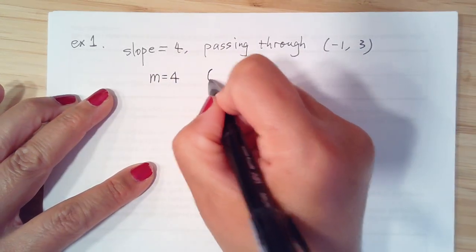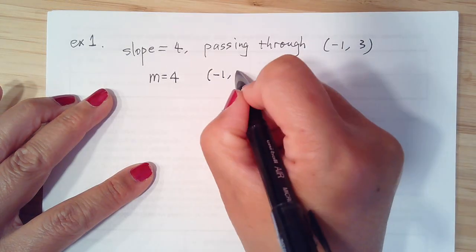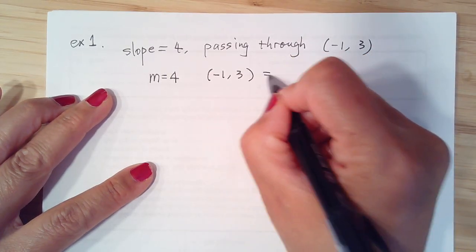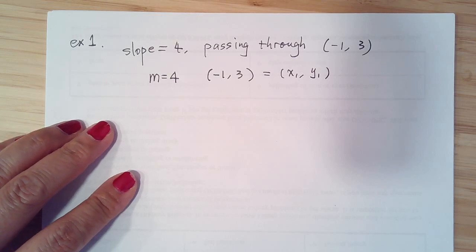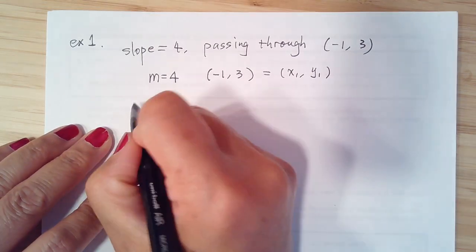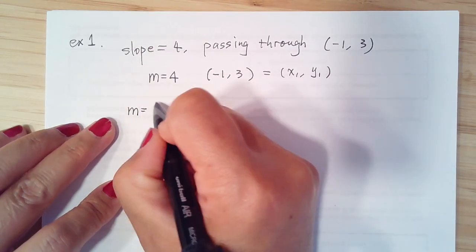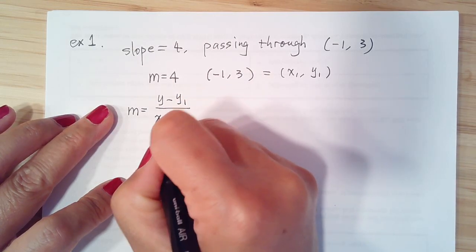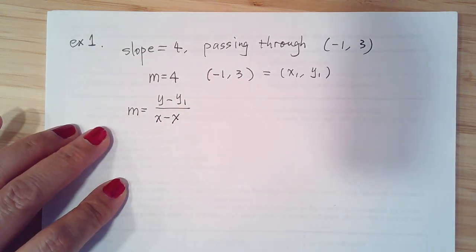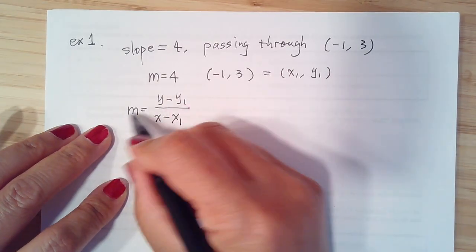And -1 and 3, that is my x1, y1. So remember what the formula looks like? The slope m is rise, y minus y1, over run, x minus x1. The good thing is I know x1, y1, and m, so I just plug that in.